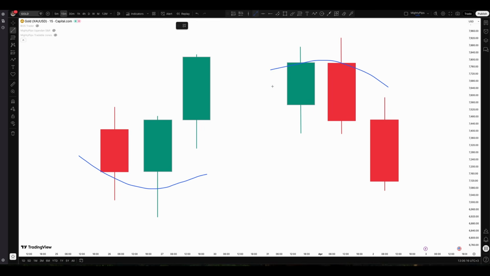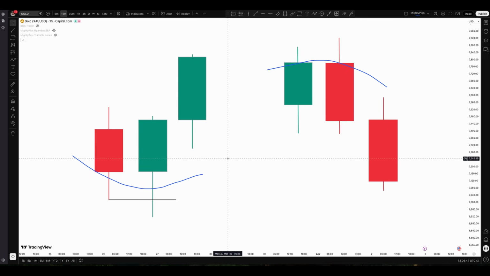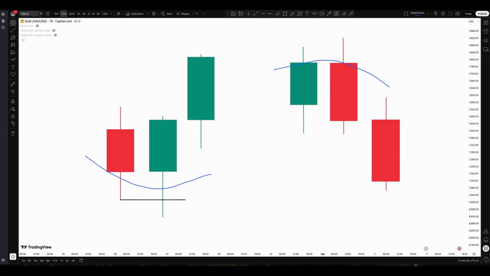Now a CRT model simply means for a bullish setup you need to see the market going down, like this is a bearish market here represented by this last close bearish candle. If this candle closes bearish and then the next one, which you did this one here, creates a low or a wick that breaks below that previous red candle's low but closes bullish like this, then you know this candle is creating a CRT model, which is a reversal pattern, okay, on lower time frames.